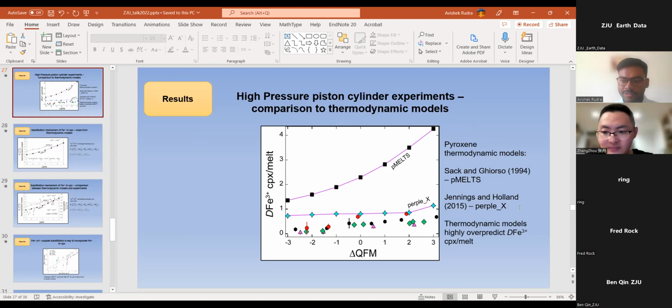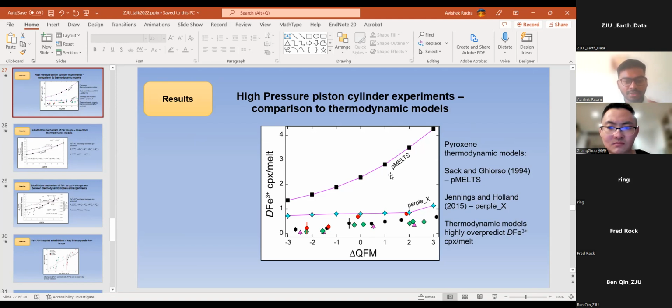Yeah, that's a great question actually. So pMELTS uses very old, I think 1986, experiments at 1 atmosphere. Those experiments were done in very alkali systems, which are very rich in sodium and potassium.